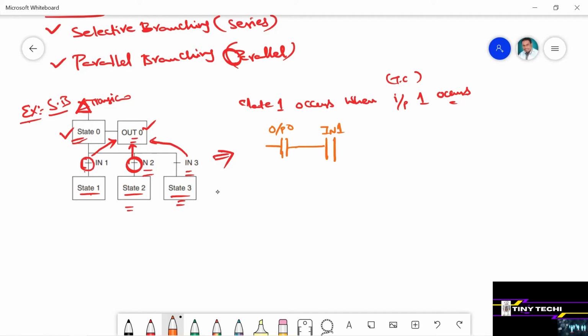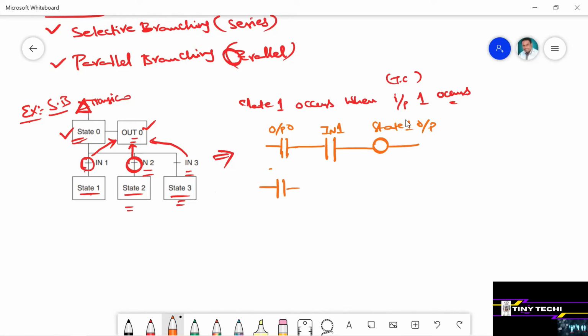If both conditions are satisfied, then only the state 1 output is on.